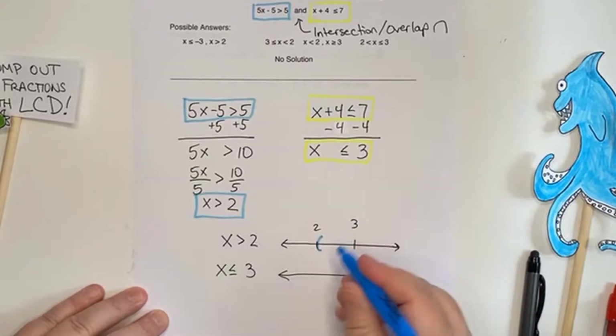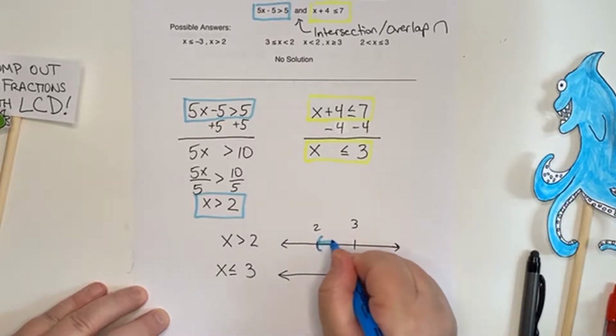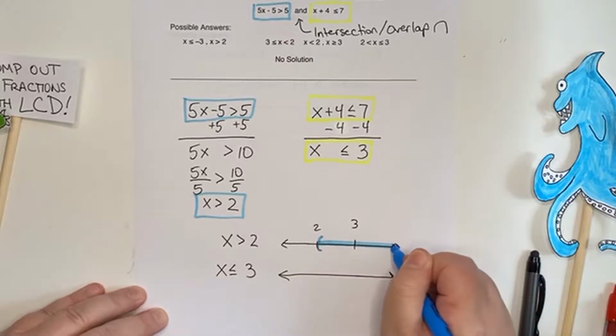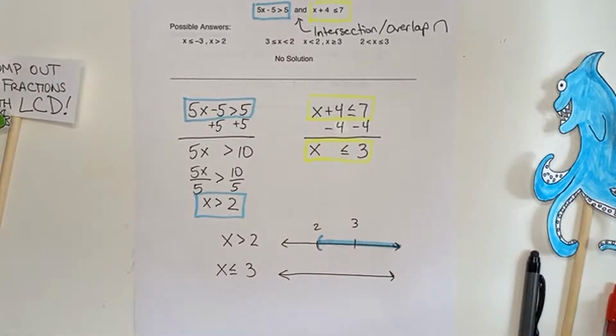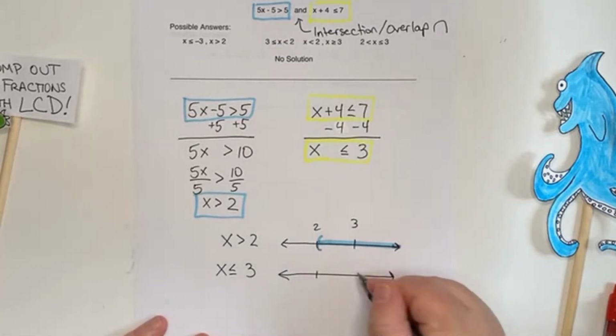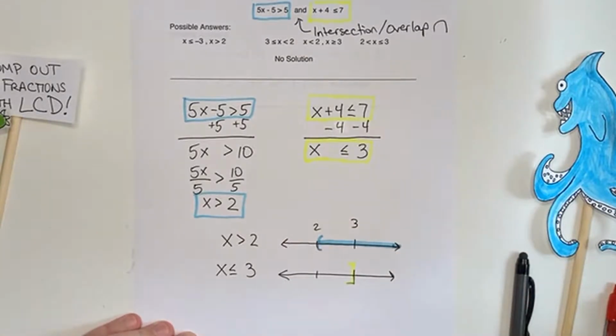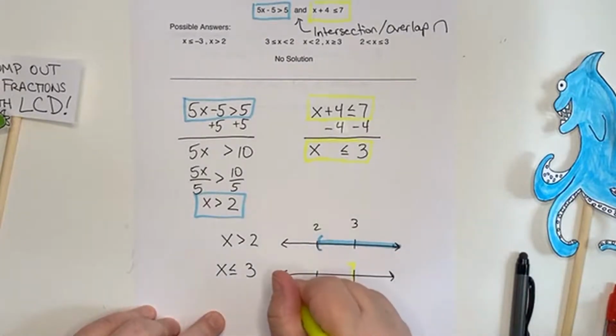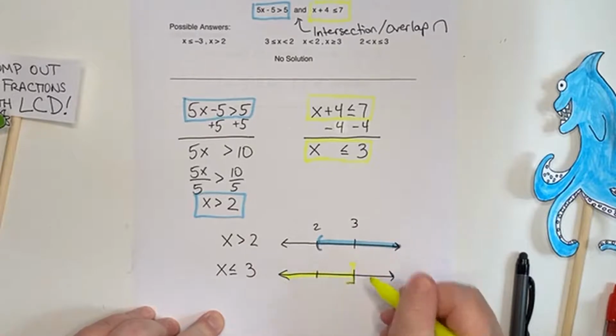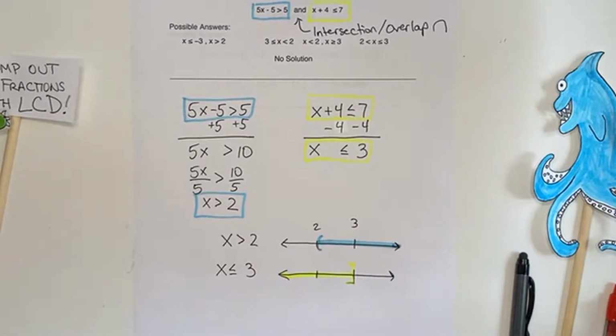So I start at 2 with a parenthesis and try to avoid too much smeary town. There we go. And x is less than, or sorry, less than or equal to 3. So I'm going to start at 3 with a big old bracket, and there we go. Not too bad in smeary town.